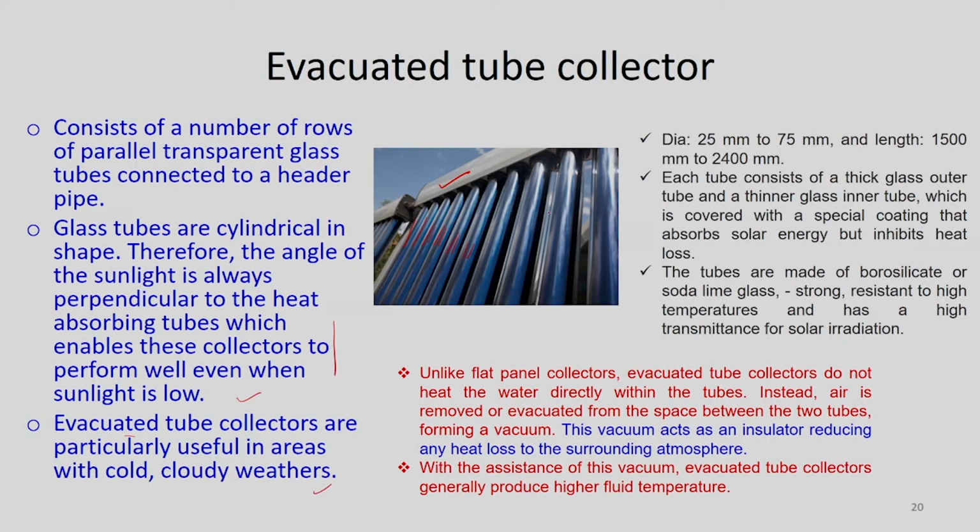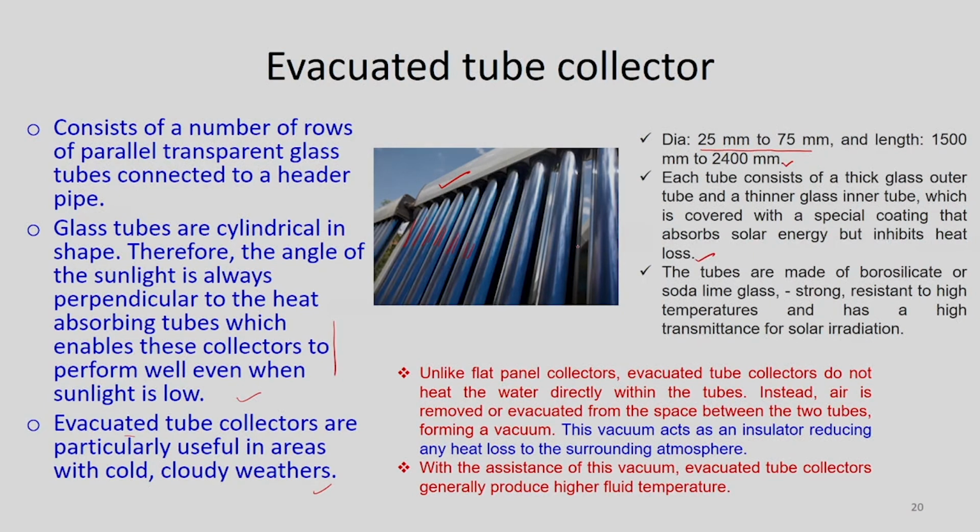The tube diameter is normally in the range of 25 to 75 mm, and the length is about 1500 to 2400 mm. Each tube consists of a thick glass outer tube and a thinner glass inner tube, which is covered with a special coating that absorbs solar energy but inhibits heat losses.